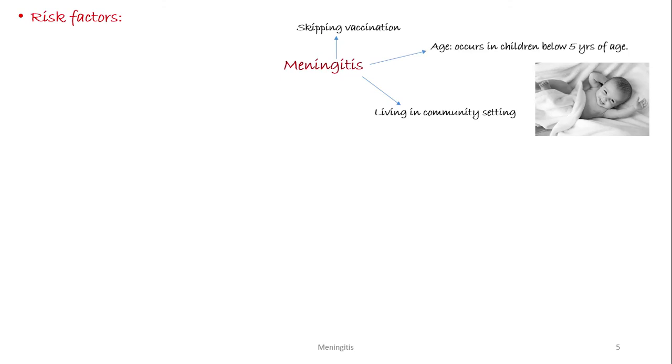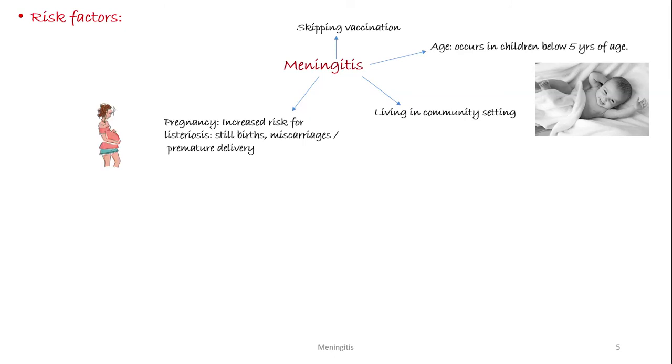Thirdly, the reason is living in a community setting. Whenever you live in a community setting, such as military schools or boarding schools, the chances of suffering are increased. The chance is also increased during pregnancy, because when a lady is pregnant, there is a chance that she will suffer from listeriosis, which is an infection.